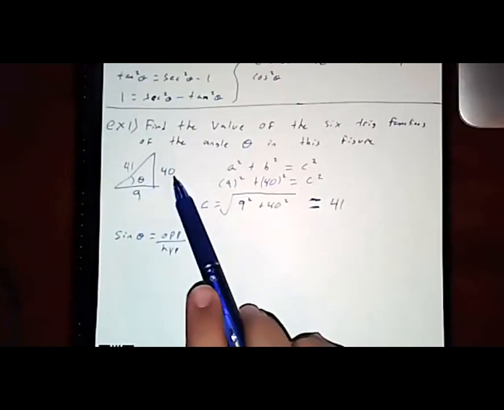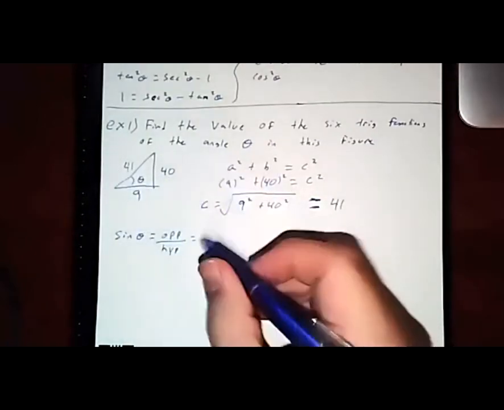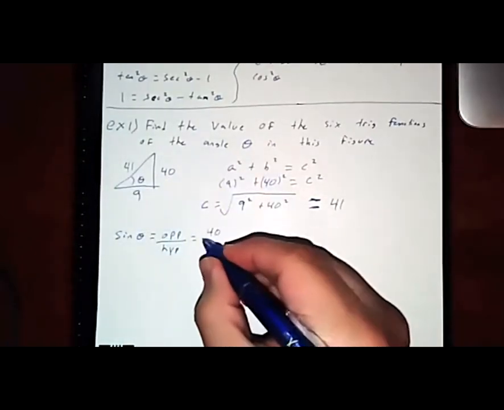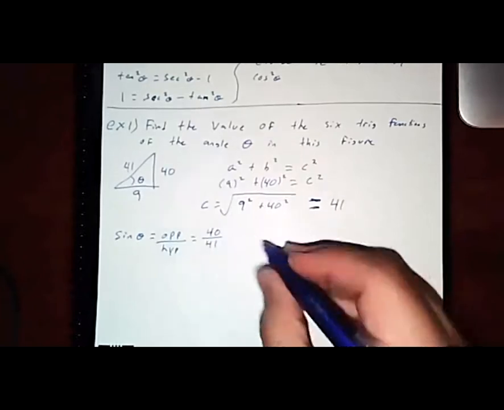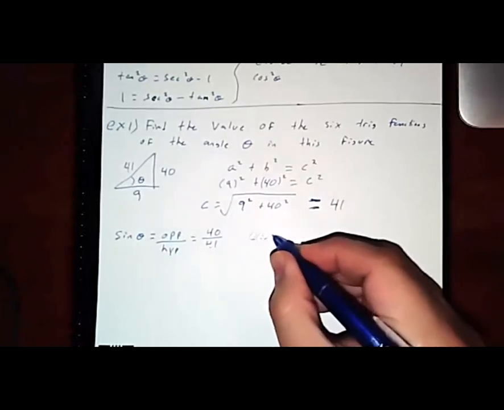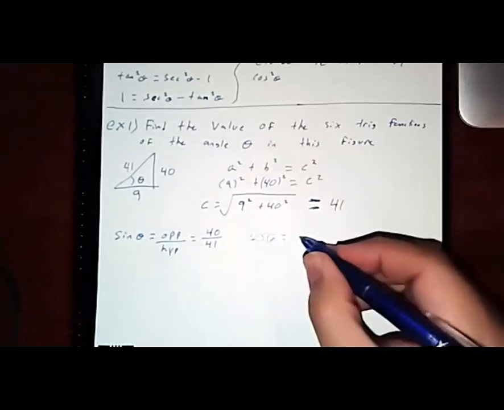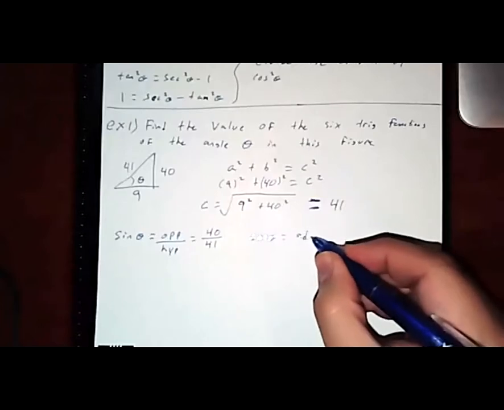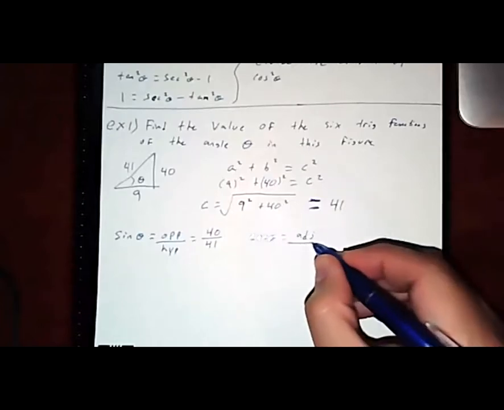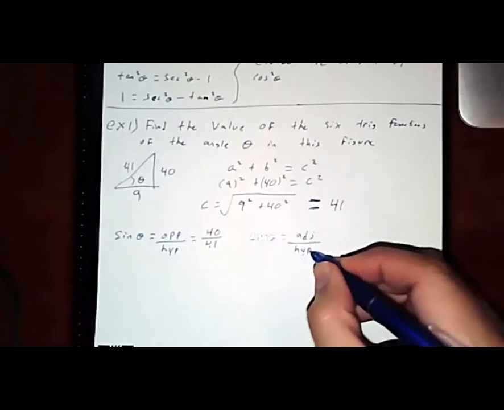Opposite over hypotenuse. So 40 over 41. And that's it. Now we go to cosine. That is equal to adjacent over hypotenuse.